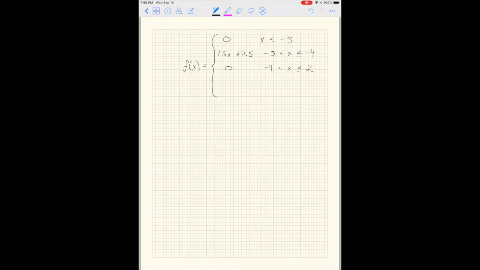And then we'll do 0.5 from 2 to 2.5. And then 0 for x greater than 2.5. And that's the PDF that we want to take care of here.